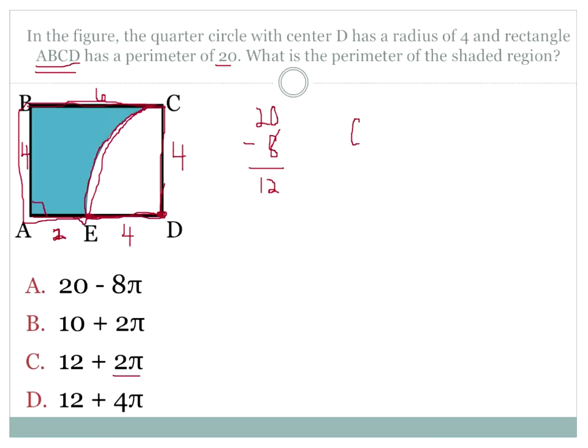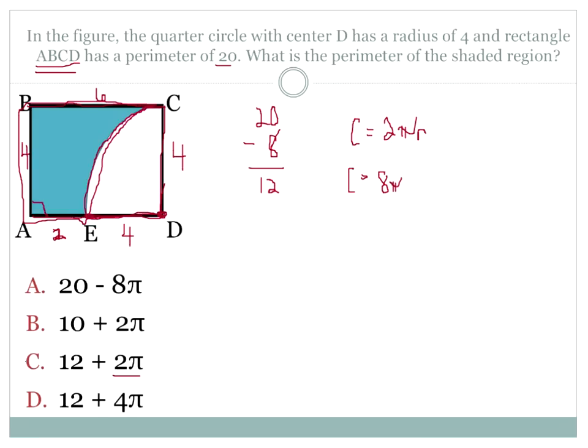We're going to go back to this understanding of circumference. Remember, circumference equals pi times diameter, or we can consider our circumference 2 pi times our radius. Our radius is 4. So our circumference is 2 times 4 times pi, or 8 pi. Okay? 8 pi.